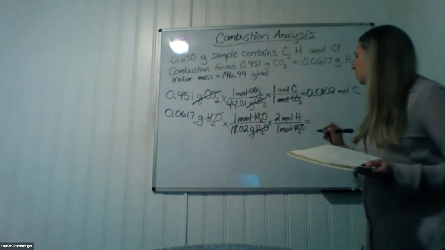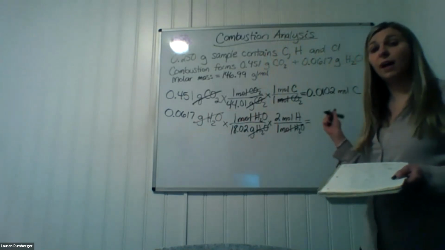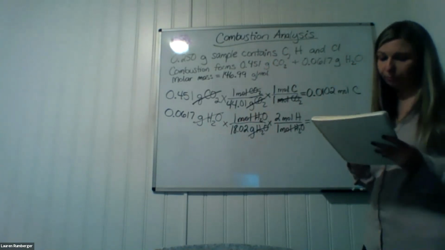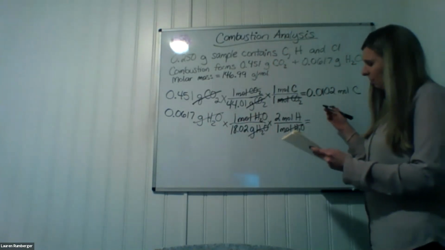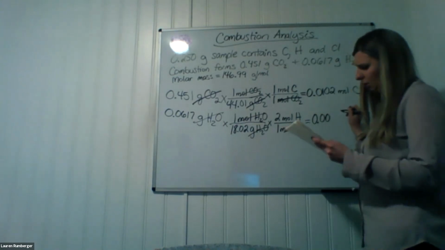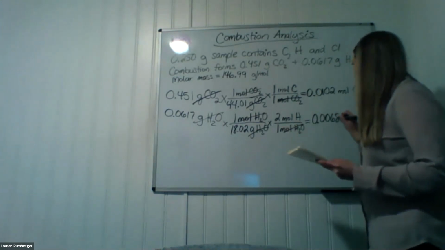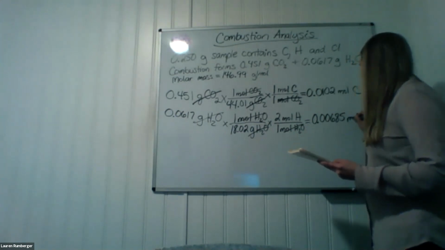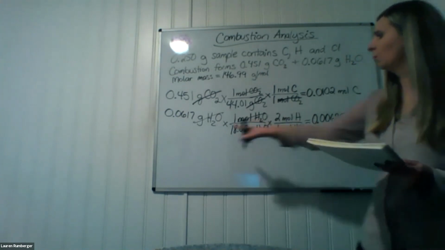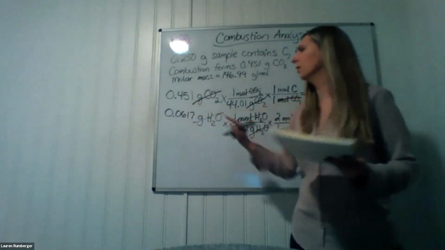This will now give you the amount of moles of hydrogen in our compound. And what I get in my calculation is 0.00685 moles of hydrogen.